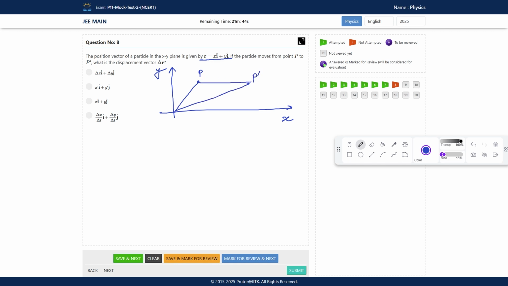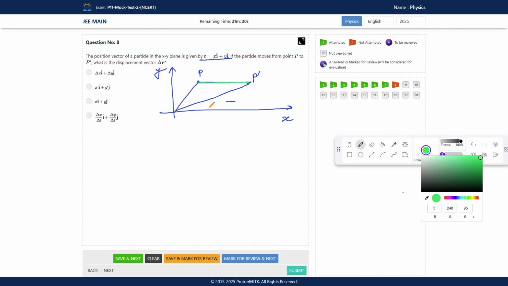The change from P to P prime is the displacement vector.